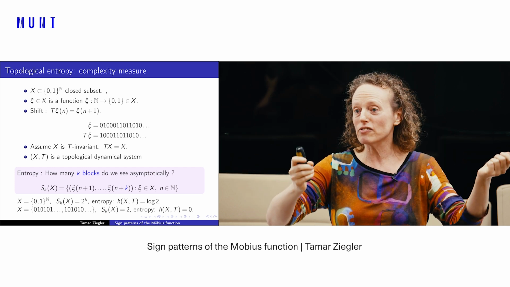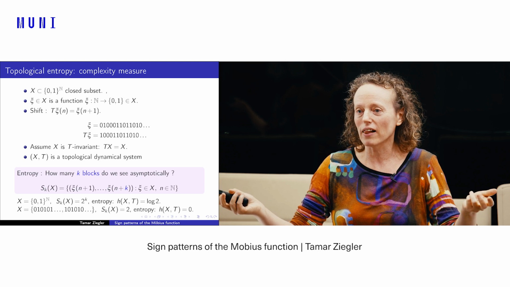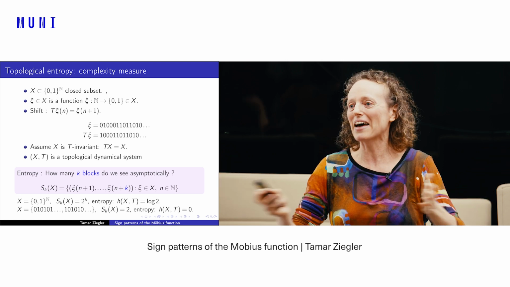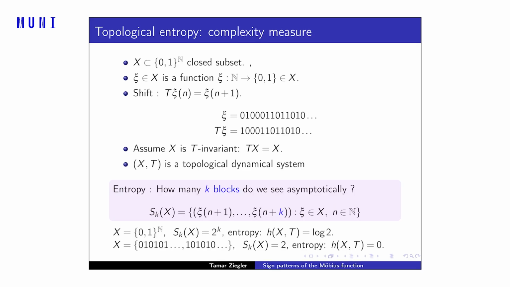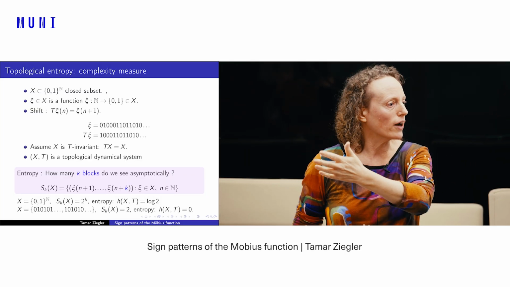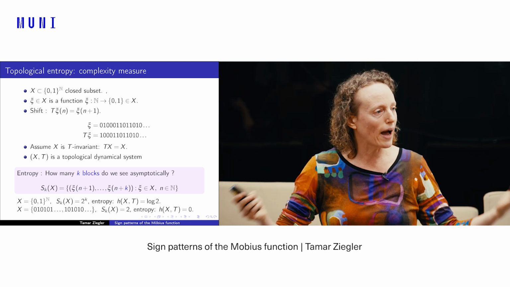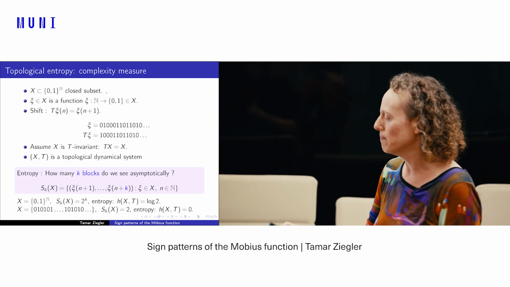Then this is a shift invariant system, but how many blocks do I see? Well, 2. No matter what, for any k greater than 2, I see at most 2 blocks. So there is no exponential growth. The entropy is going to be 0. Okay? So basically, this is the way we should try to think of it. We're trying to count the number of different patterns we see inside the sequences in our system.